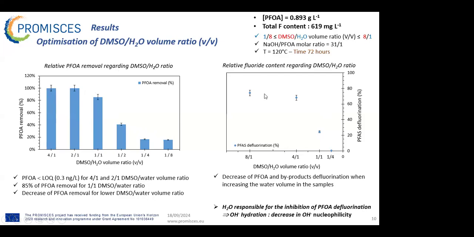Okay, and when we regard the relative fluoride content, we see that for 8:1 and 4:1 volume ratio, it reached 80% and it decreased when the volume of water increased. So what we have is water is responsible for the inhibition of PFOA defluorination. Indeed, OH- hydration decreases the OH- nucleophilicity.